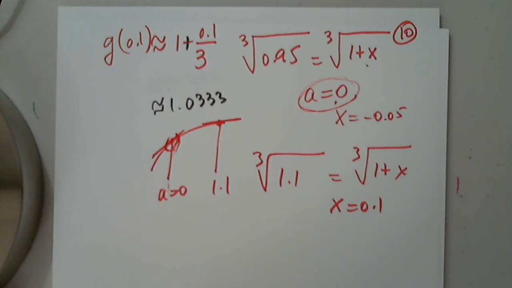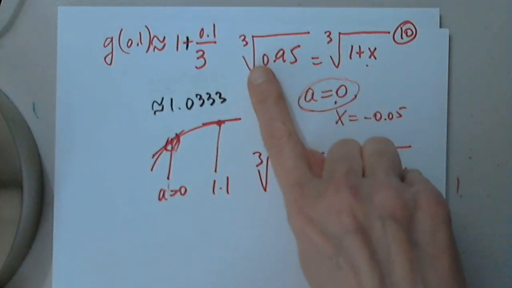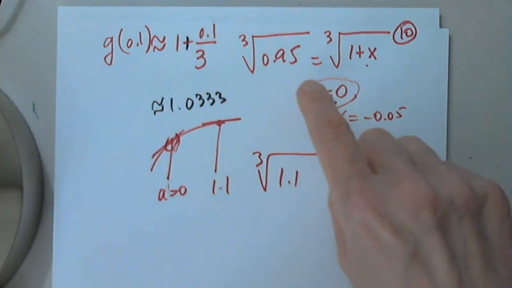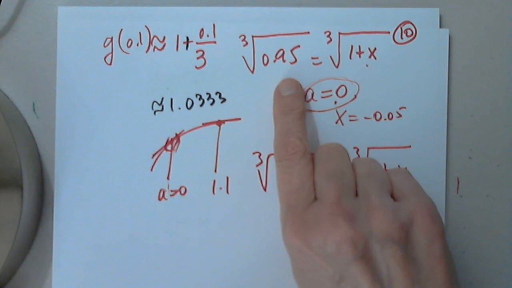Okay, so they are trying to trick us. They're not really giving us x, right? They're telling us, use this to find that, but you have to find x, because they're not telling us. They're telling us approximate, use what you determined to approximate this.